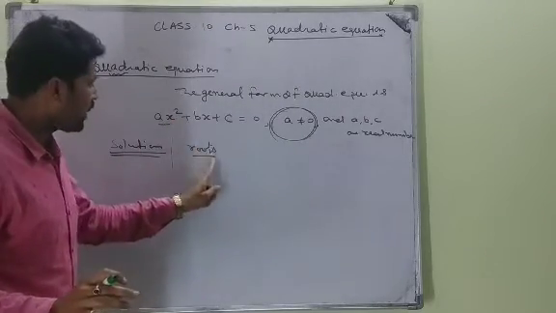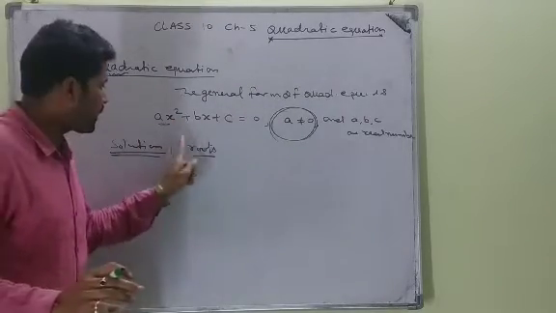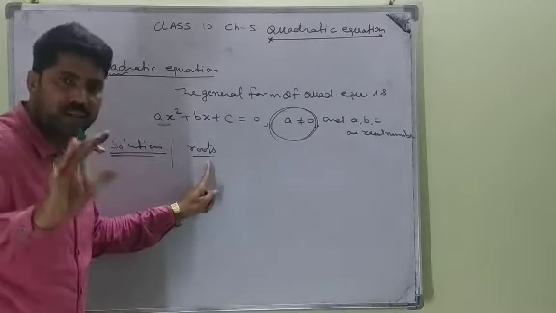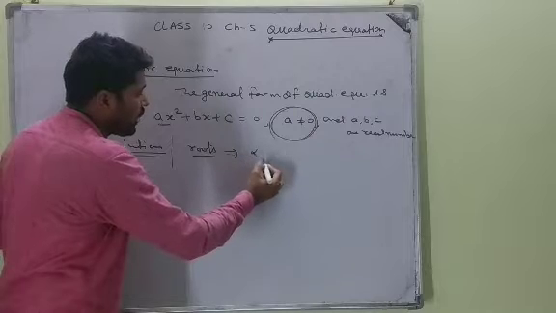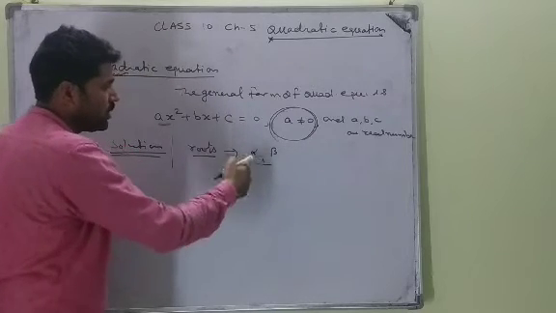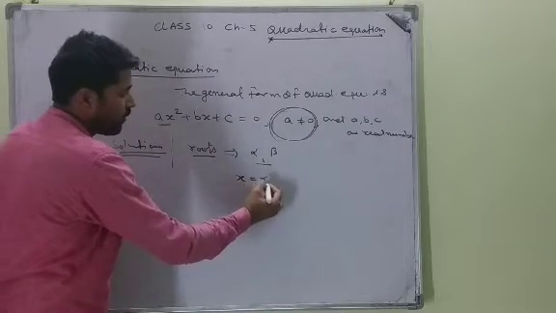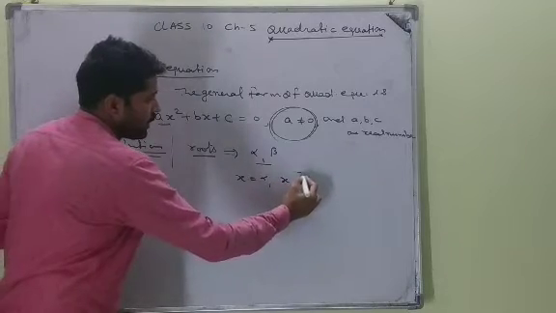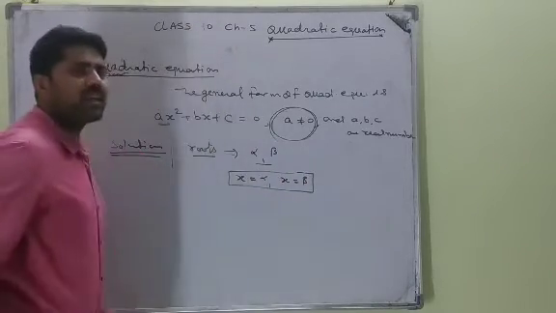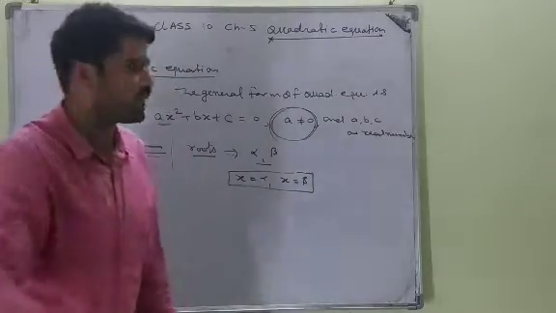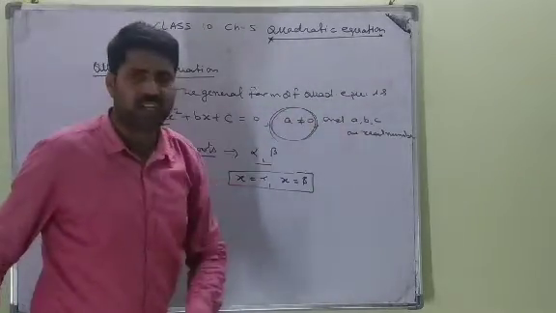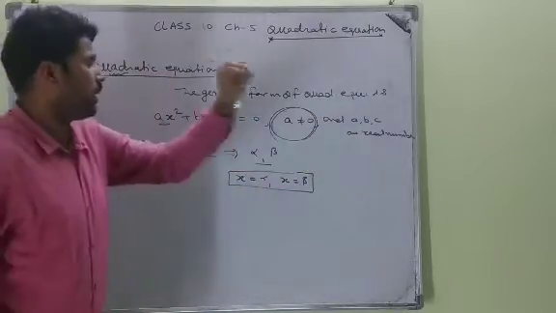These are the values of x here, the values of the variable. So generally roots are written as alpha and beta, meaning x equal to alpha and another value x equal to beta. Alpha can be any numerical value, negative, positive, decimal, fraction, any real number. I have already clarified that a, b, c are real.